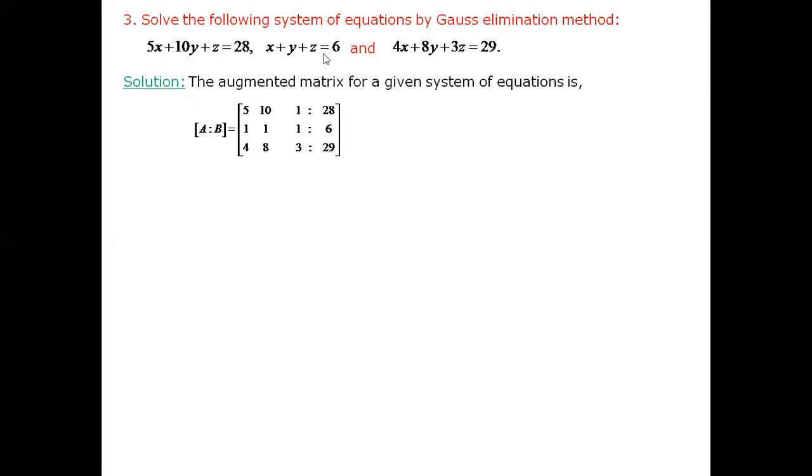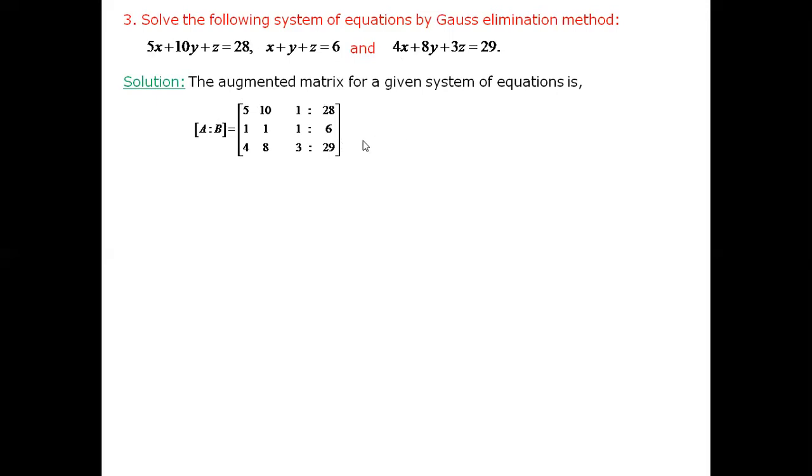From the second equation we can write the second row: 1, 1, 1 colon 6. From the third equation we can write the third row of the augmented matrix: 4, 8, 3 colon 29. So this is how we can write the augmented matrix for a given system.